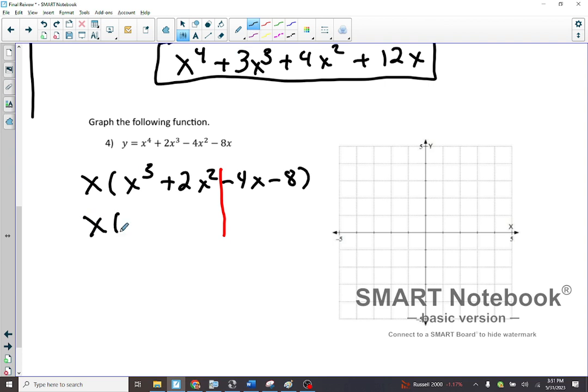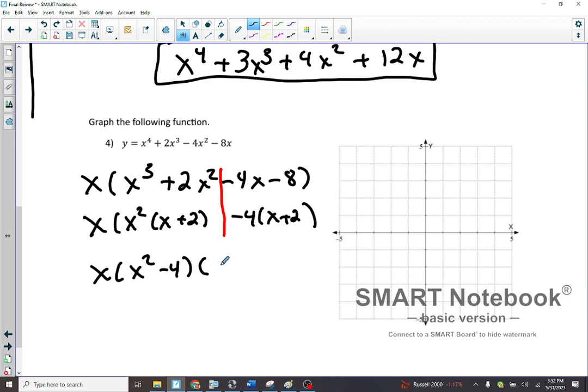So I could take out an x squared here, so it's x plus 2. And over here, I could take out a negative 4, and it's x plus 2. Time to rewrite this: x squared minus 4, x plus 2.